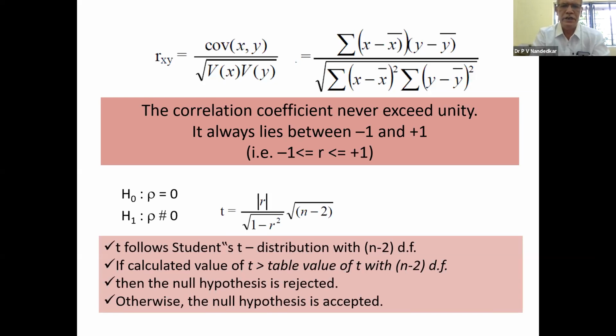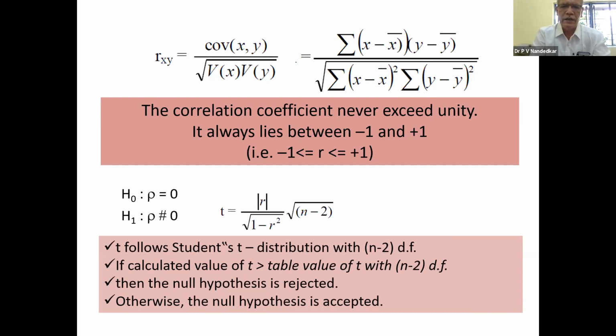This constitutes the calculation for the t-test which is required for verifying the significance of the correlation coefficient. In short, we take the t distribution table value for n minus 2 degrees of freedom, and compare it with the calculated value of this expression: modulus of r divided by the square root of 1 minus r squared, multiplied by the square root of n minus 2.